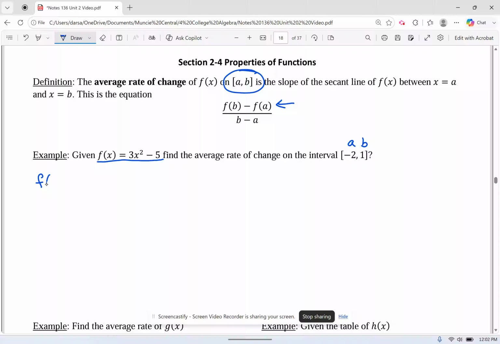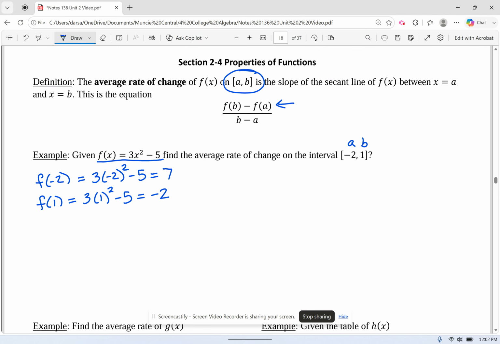So we'll just quickly, what is f of -2? That's 3, and then remember to plug it in parentheses, times -2 squared minus 5, and that equals 7. What is f of 1? Well, that's 3 times 1 squared minus 5, which is -2.